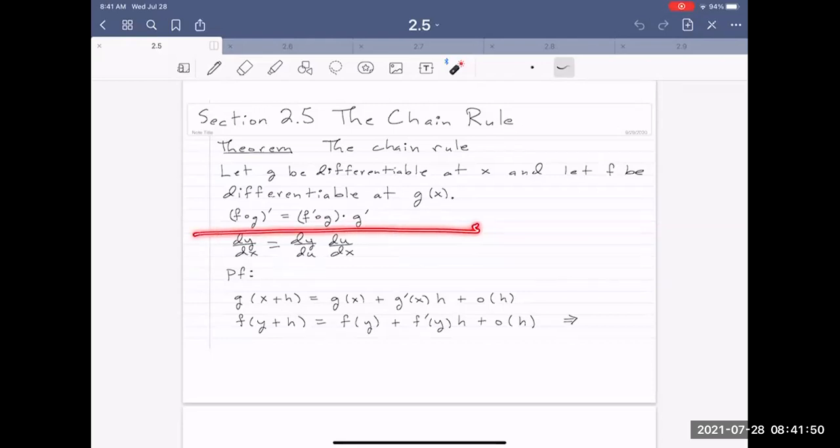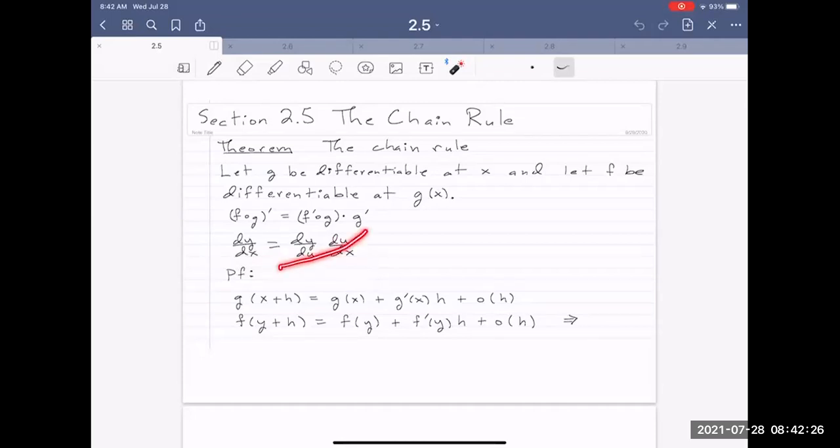The derivative of a composite function is the derivative of the outside evaluated at the inside times the derivative of the inside. It actually looks nicer when I write it in Leibniz notation. So in Leibniz notation, it says that dy over dx is dy over du times du over dx.